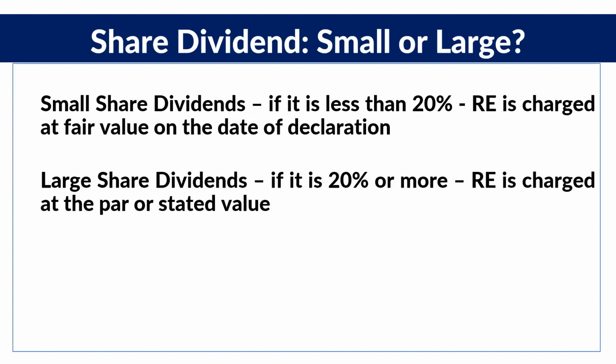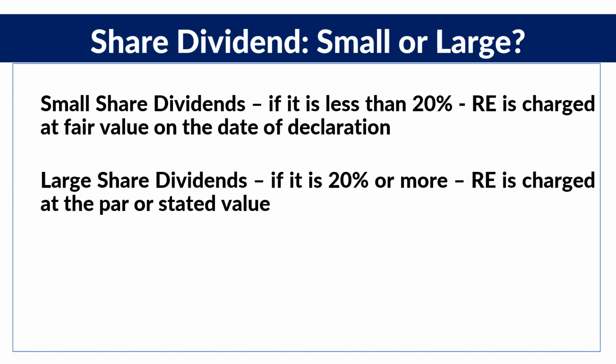So, ibig sabihin, kung mag-record ka ng dividend declaration, debit mo retained earnings, and then credit mo share dividend distributable, and the amount should be equivalent to the number of shares na i-declare as dividends times its fair value on the date of declaration. So, yan yung ating basis kapag small share dividend.